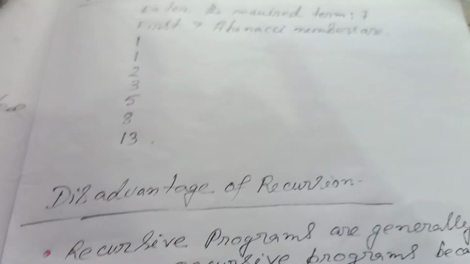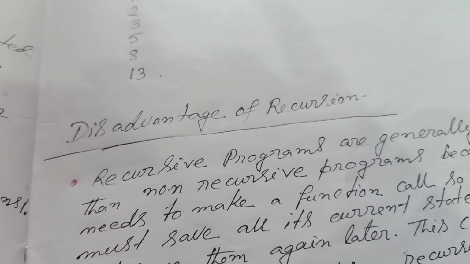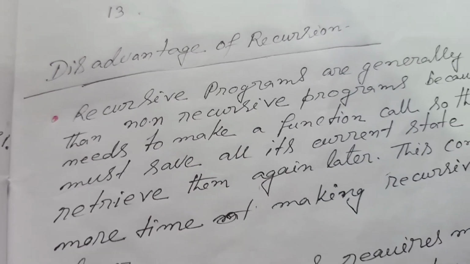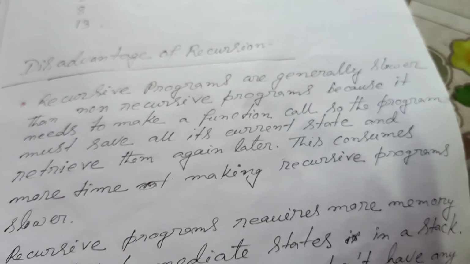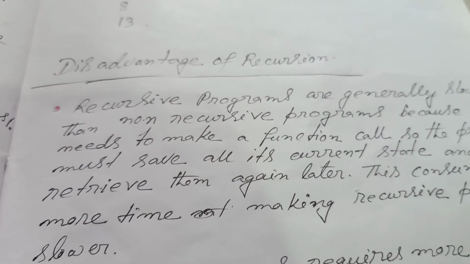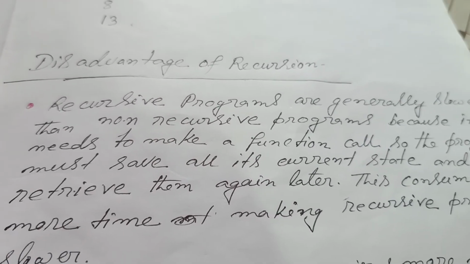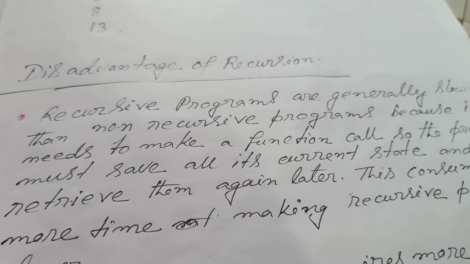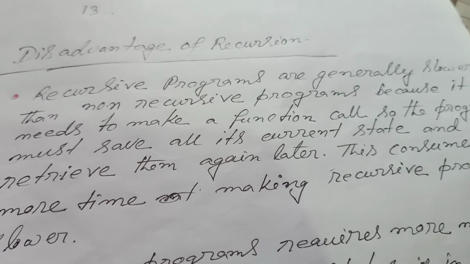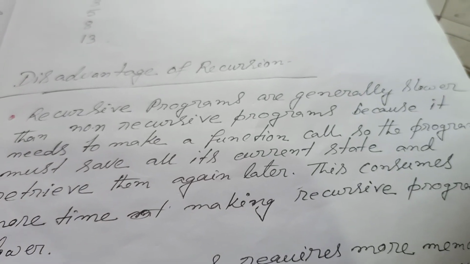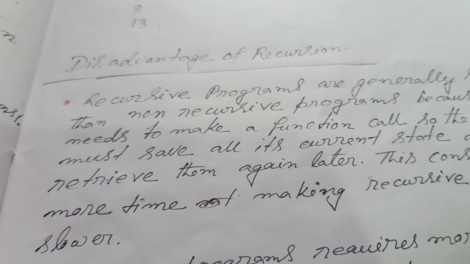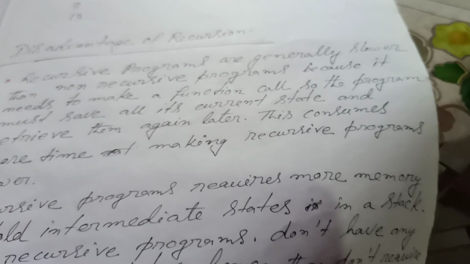So there are some disadvantages also to using recursion. What are the disadvantages? Recursion programs are generally slower than non-recursive programs because they need to make a function call, so the program must save all its current state and retrieve it again later.